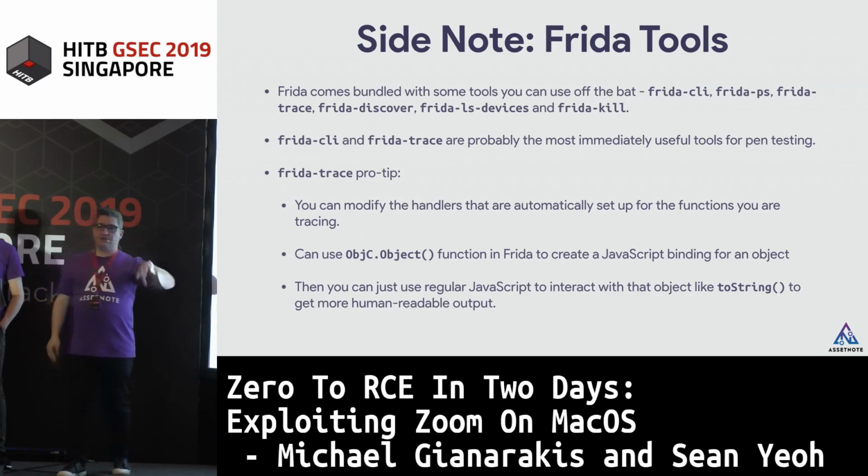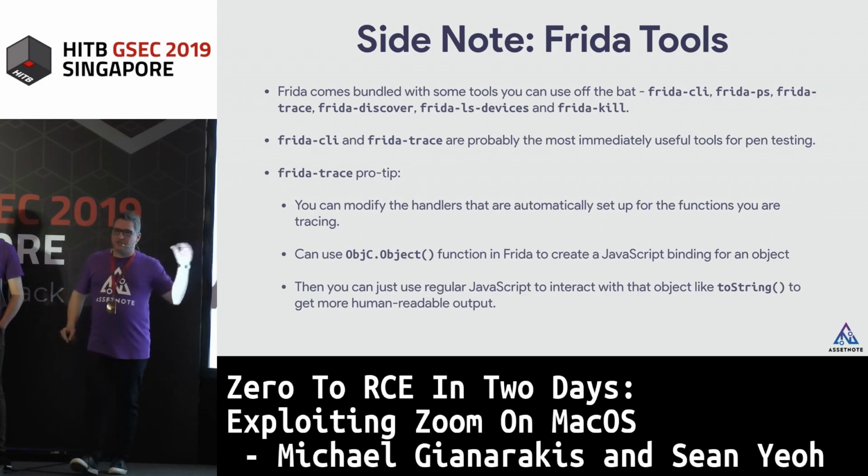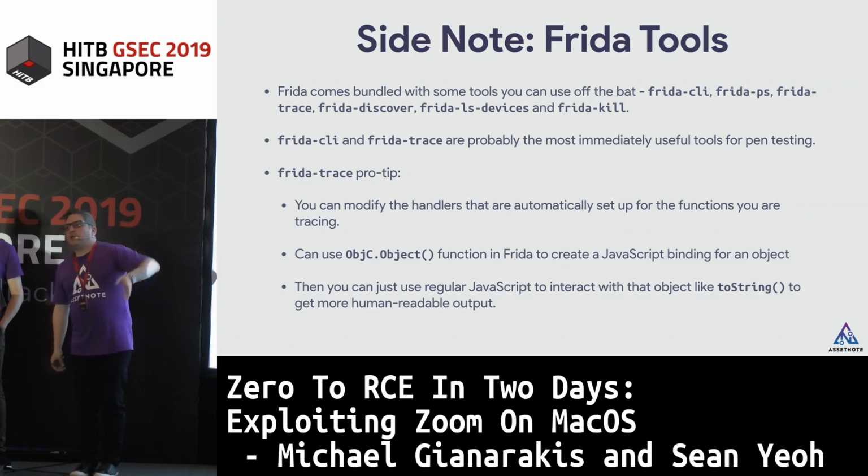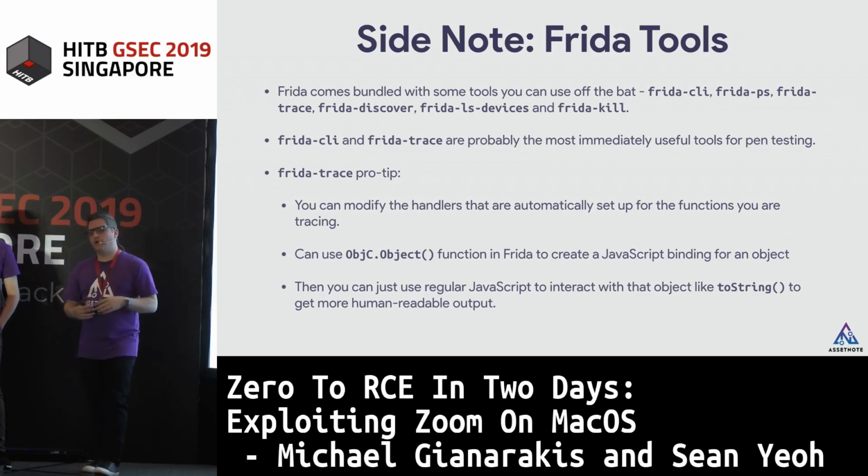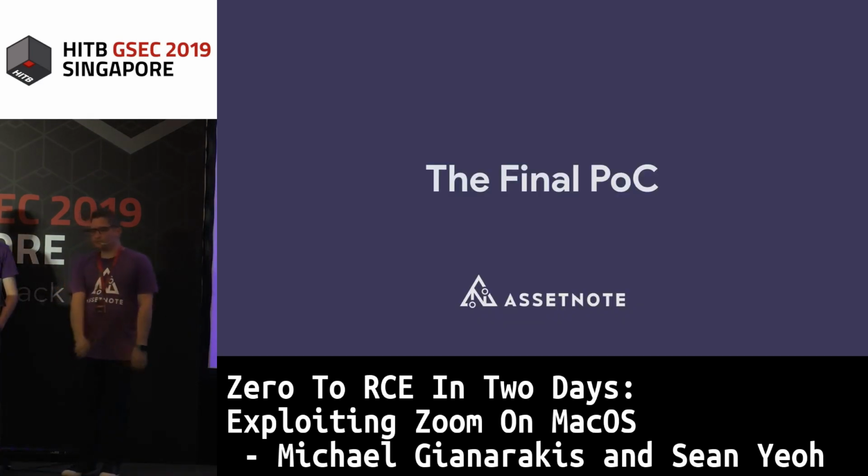So then you can just use regular JavaScript to interact with that. You can use something like toString, which is what I did there just to show that. That's also really useful if you're tracing URL requests, like NSURLConnection and whatnot, you can see the actual URLs that it's hitting in a more human-readable output.